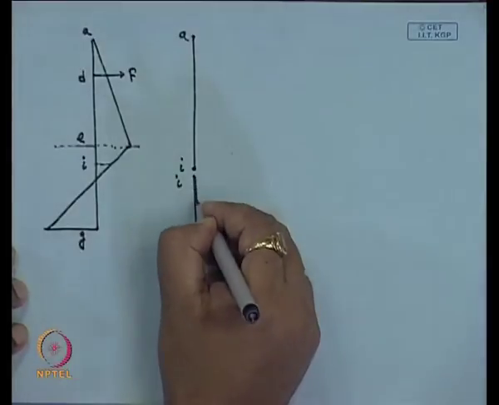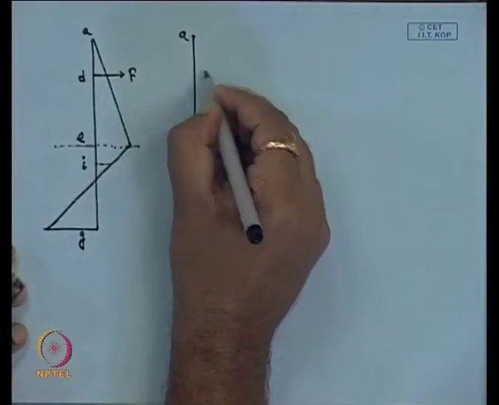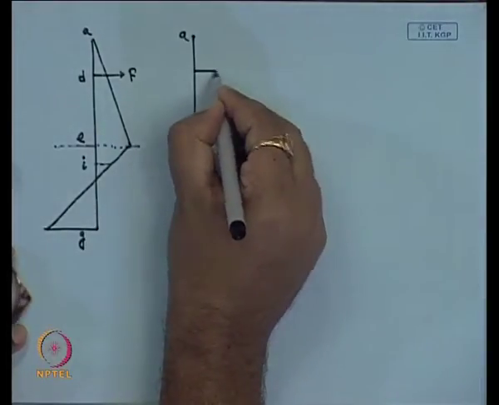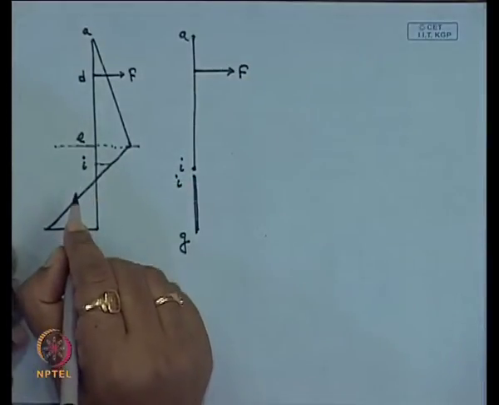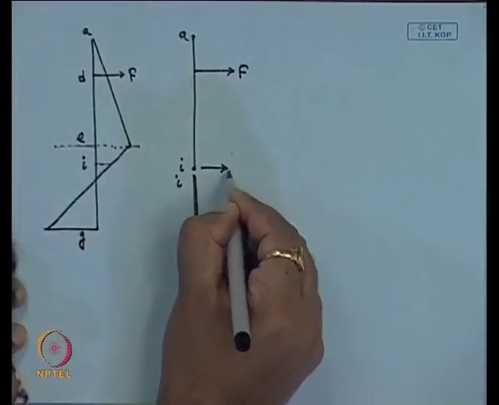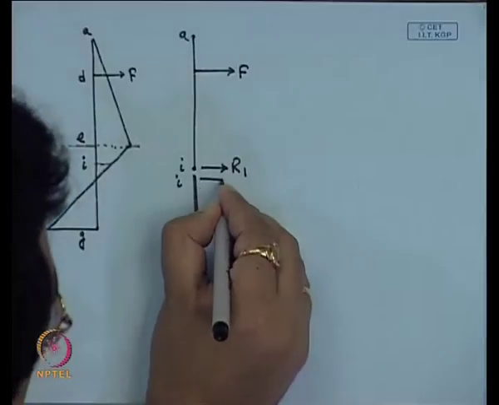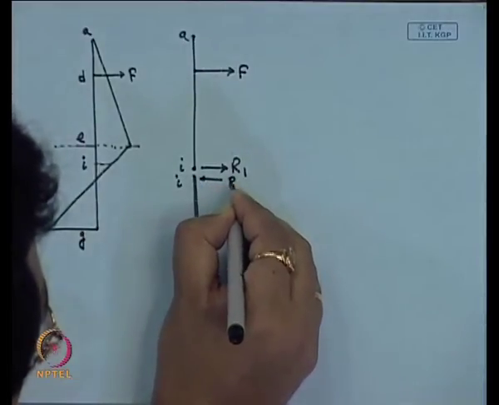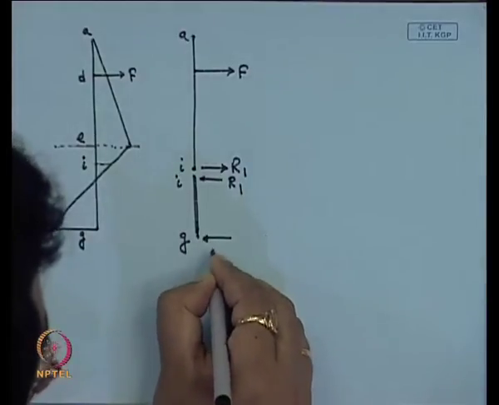Now, what are the forces acting here? From A to I, the first force on beam 1 is F, the anchor force, another force is R1, the reaction, and the similar opposite reaction is acting here, R1, and here RG is acting.